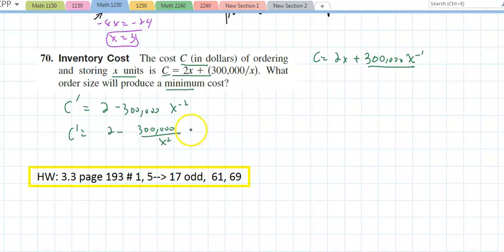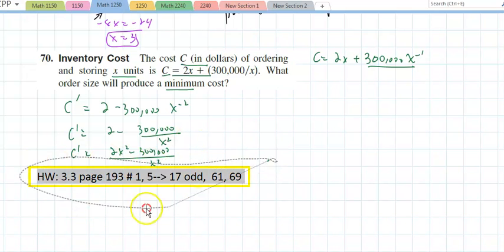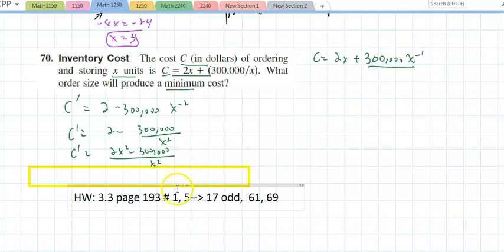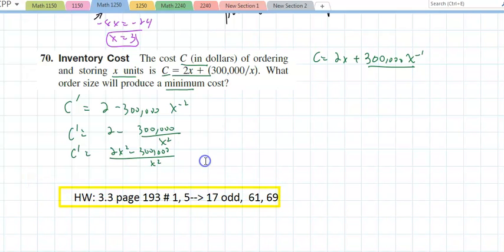And you want to know, where does that equal 0, or is it undefined? It's easier to see it this way. Let me just move this down just a bit. So, now if I was to say, where does C prime equal 0?